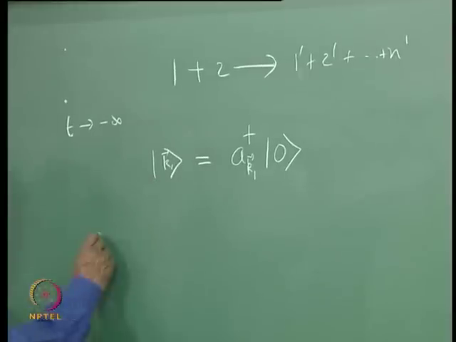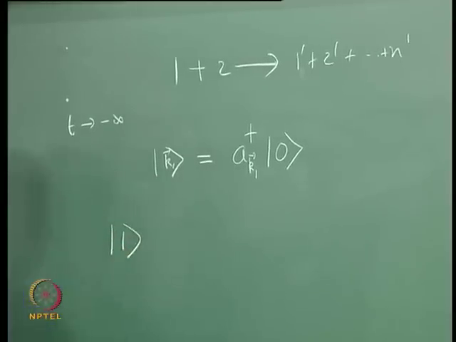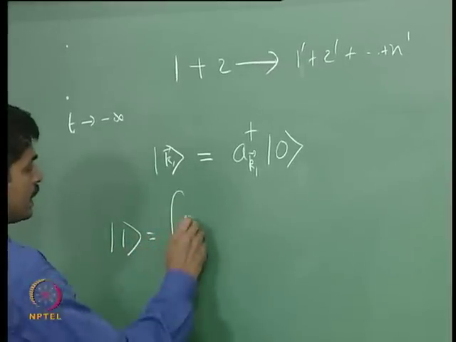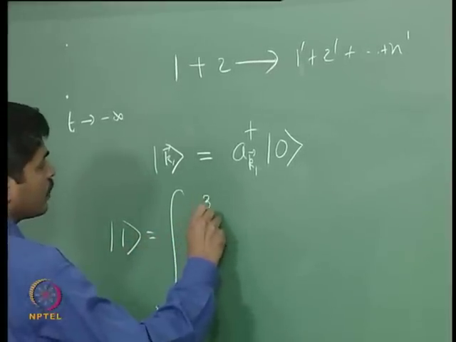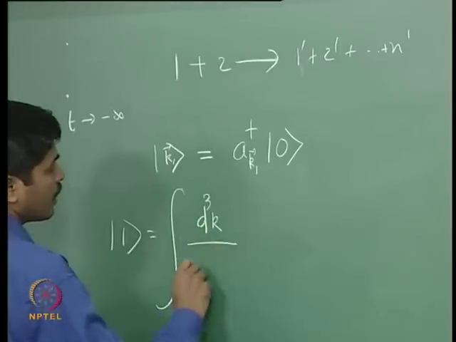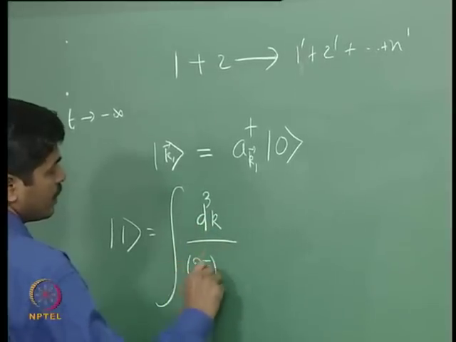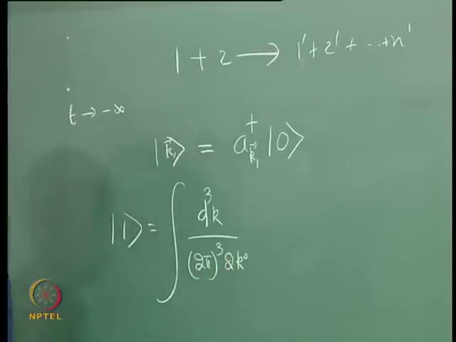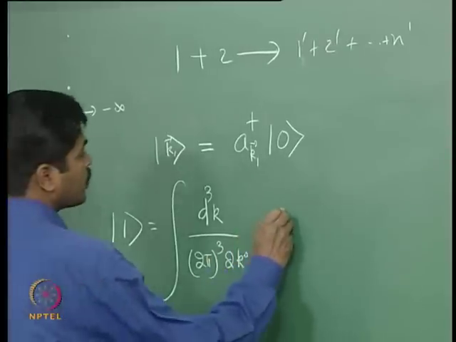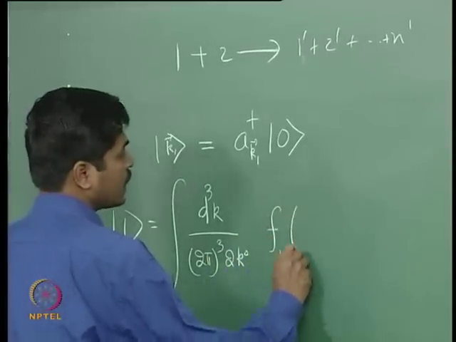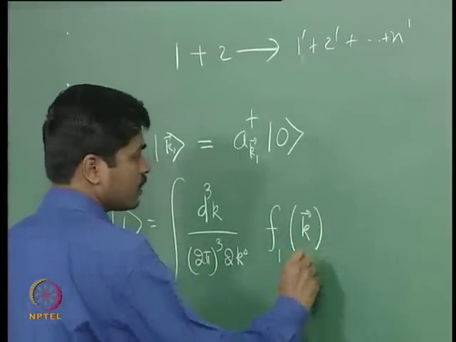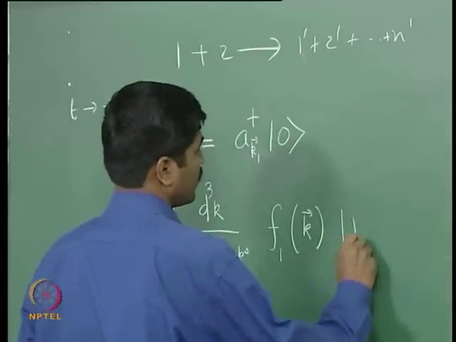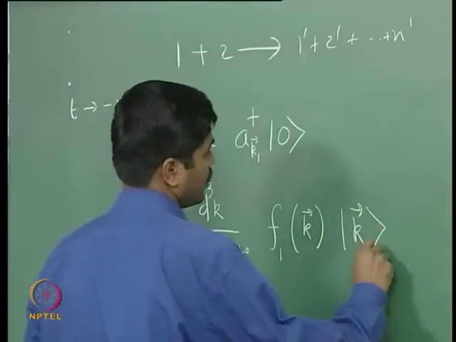So, the particle 1 is a wave packet which is basically the integral of d^3k divided by (2 pi)^3 2k0, times some distribution which I will call f1 of k, and then a_k dagger.